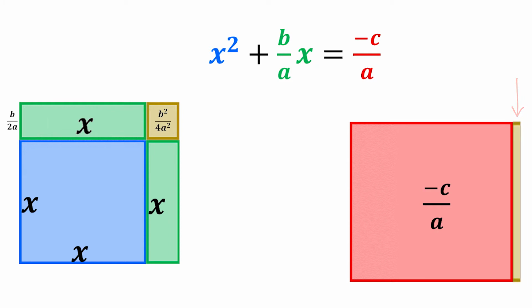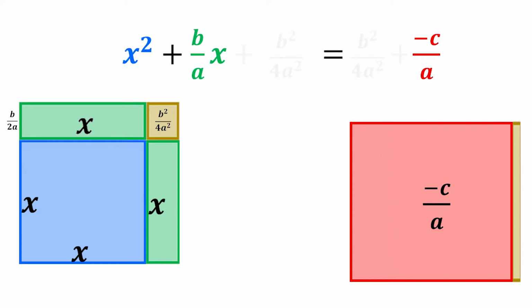Before we continue with the shapes, we will make sure that our algebraic equation is following along as well. Since we added the area of the little square to both sides of the equations for our shapes, we will also do the same for our algebraic equation. We will add b squared over 4a squared to both sides of the equation.